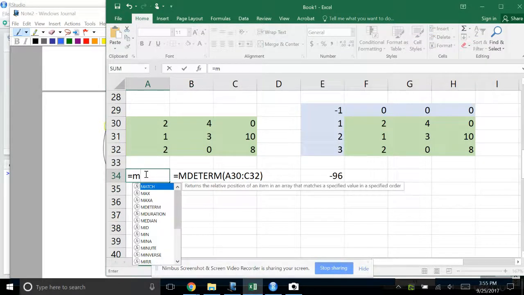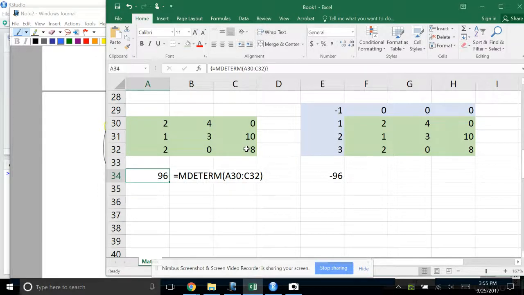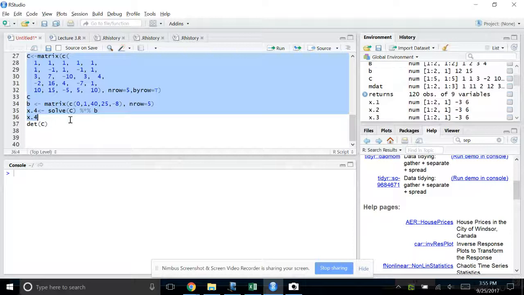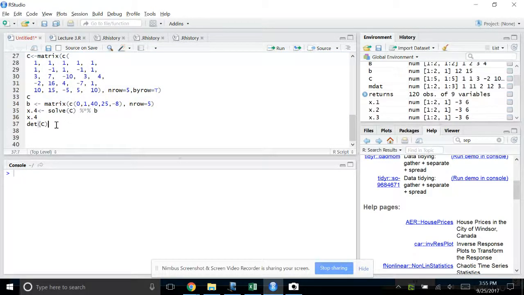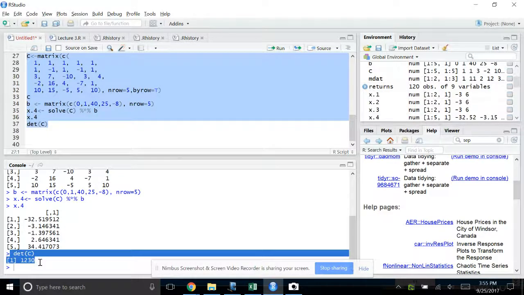So I type in MDETERM, highlight all this in there, Control Shift Enter, and it's 96. Now we want to solve for this, and I tried to find the determinant of this C matrix. It's 1230, so it's invertible.